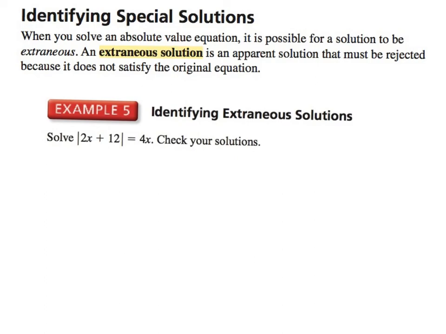Bam, here we go. So we have the absolute value of 2x plus 12 equals 4x. The absolute value is by itself. So therefore I can write what two equations? 2x plus 12 equals 4x, or 2x plus 12 equals negative 4x.